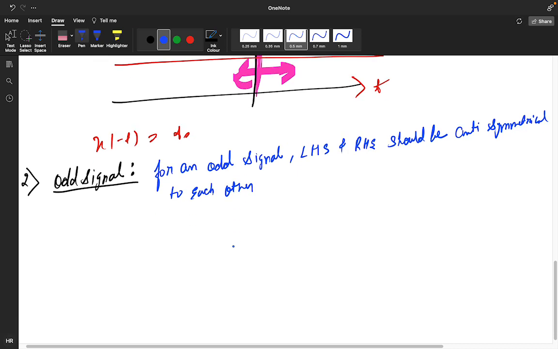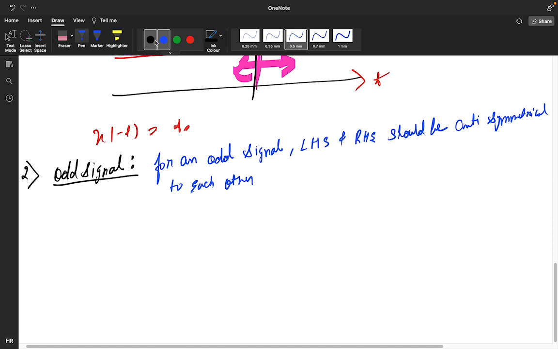What is the meaning of anti-symmetrical? See, if x of t is equal to minus x of minus t, then the signal is an odd signal. Or you can write, if x of minus t is equal to minus x of t, then also the signal is an odd signal.